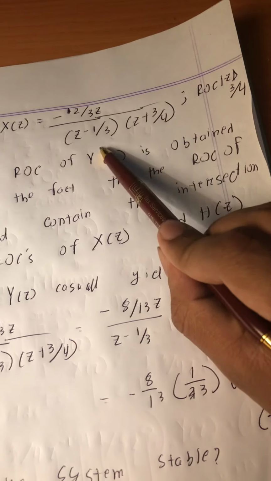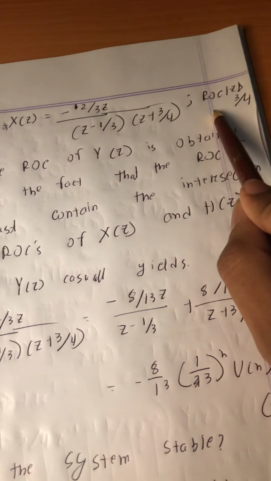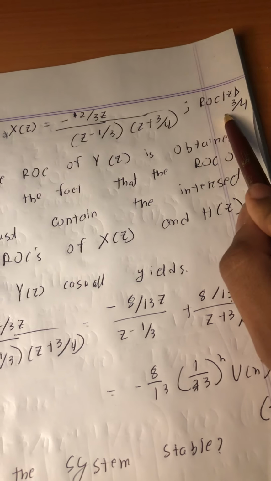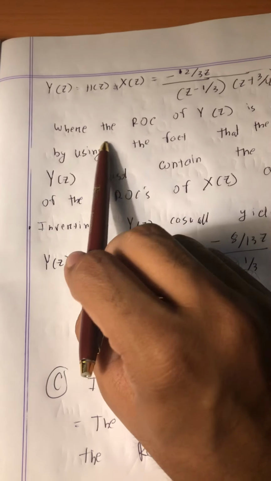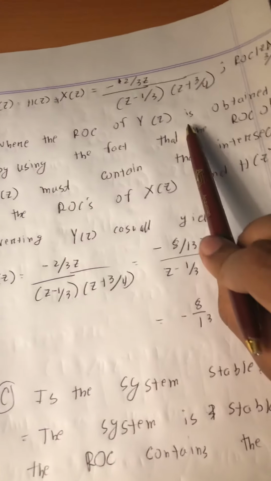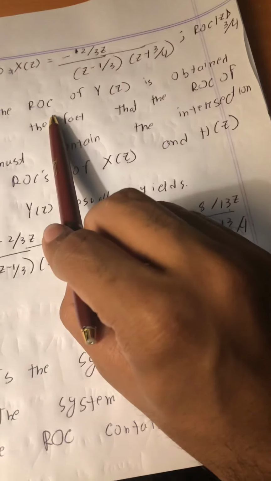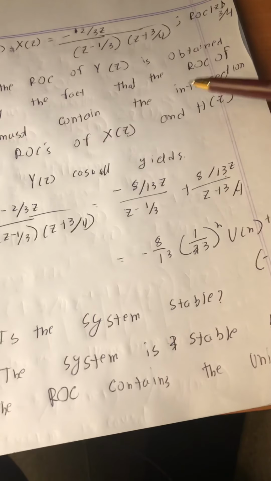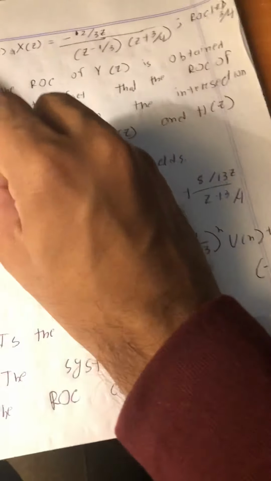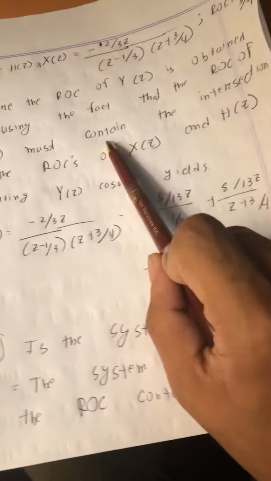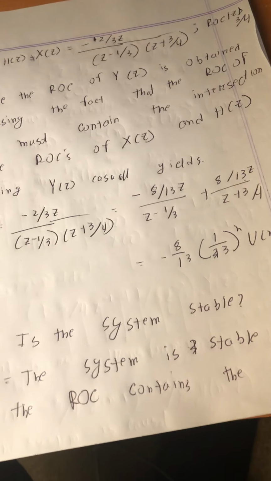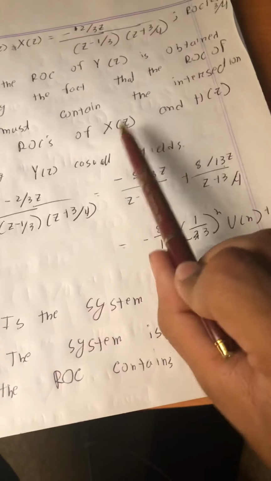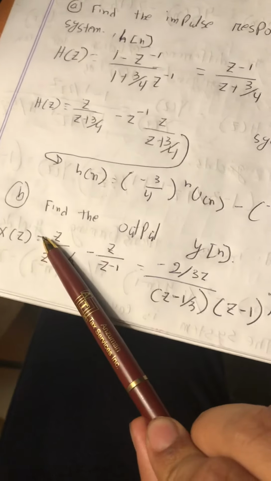From these two denominators, we can see that the ROC is z greater than 3/4. So just a theorem: the ROC of Y(z) must contain the intersection of the ROCs of X(z) and H(z). H(z) is right there, and X(z) is right there.